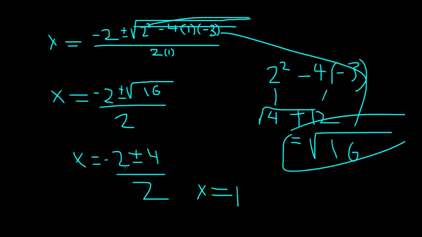And then negative 2 minus 4 would be negative 6, and negative 6 divided by 2 is negative 3, so x would equal negative 3 in that one.